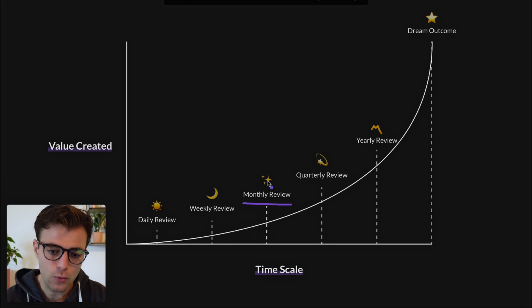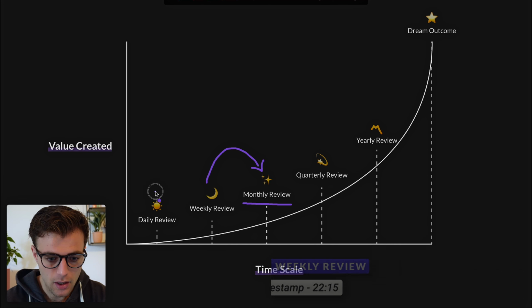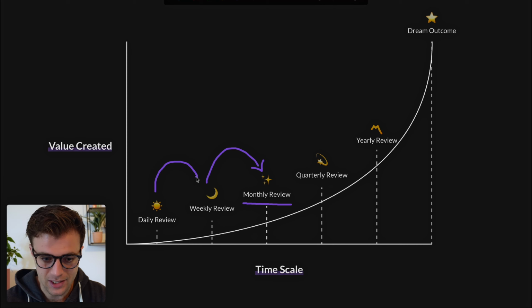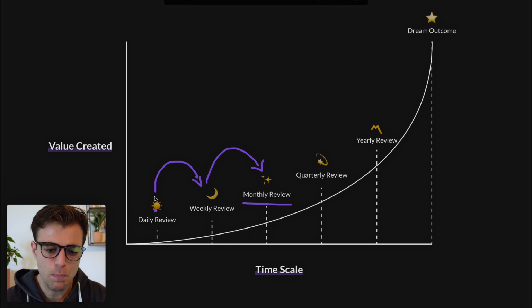Now, the monthly review takes the reflections and the insight from the weekly review. Just like the weekly review took the reflections and insights from the daily review. And like this, you start seeing this layering of the review cycle. So we start spotting patterns during our weekly review of what happened during our days.